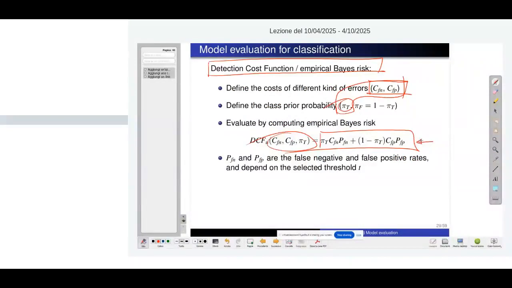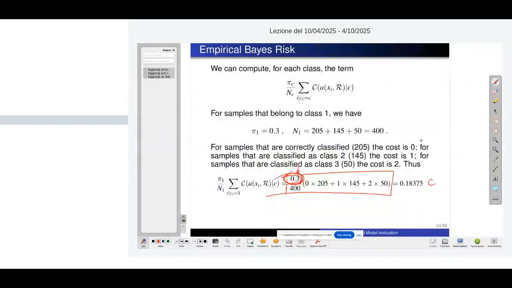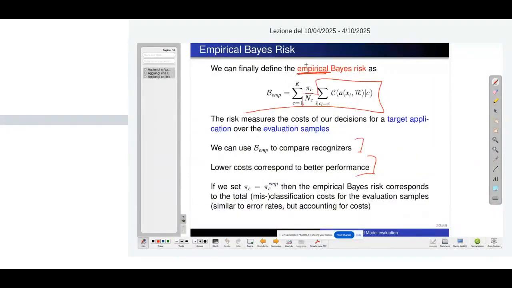Of course, if we have a multi-class problem, we will have a vector of priors and a full matrix of class errors, so of the possible combinations of errors. And we can just use the definition we gave before. There is nothing different.